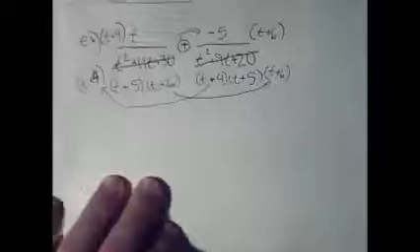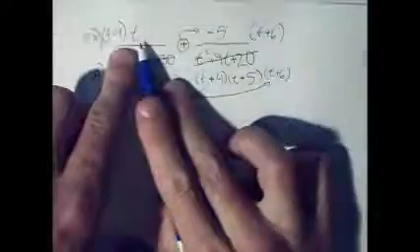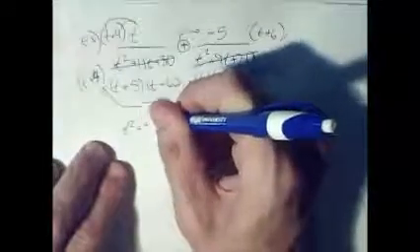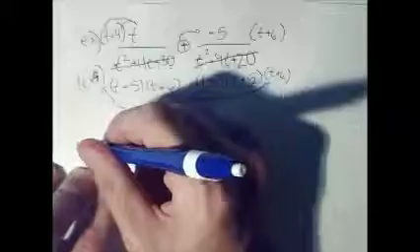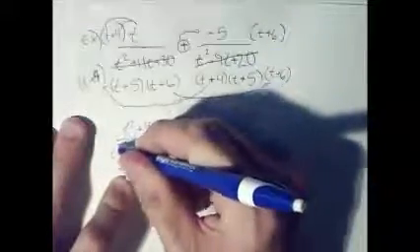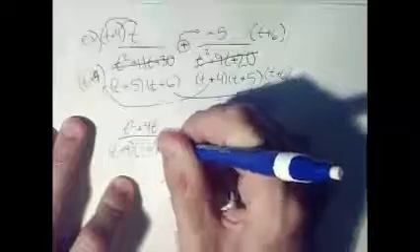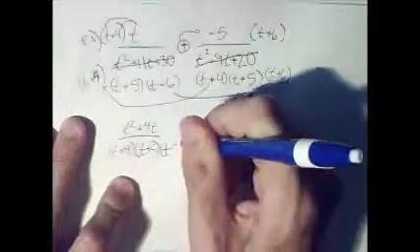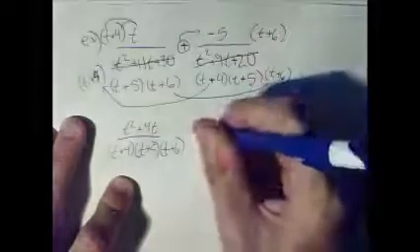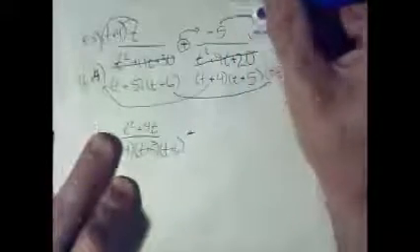Well, let's look at our next step. With my numerator, I got to distribute: t squared plus 4t over, look at my denominator, t plus 4, t plus 5, t plus 6, plus, remember I threw that negative 5 to the numerator, so it's the negative 5 that I'm distributing.